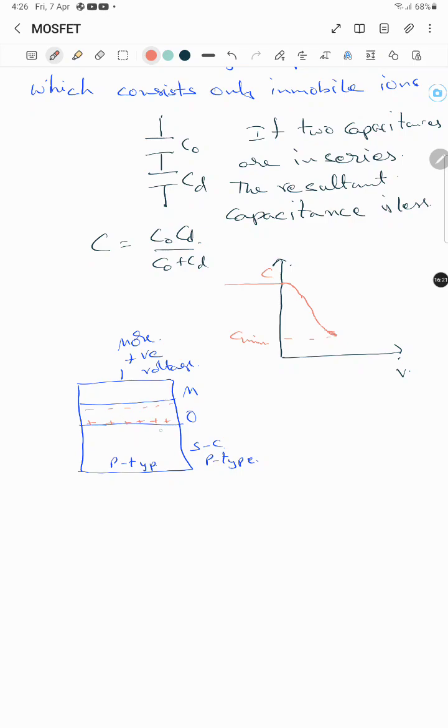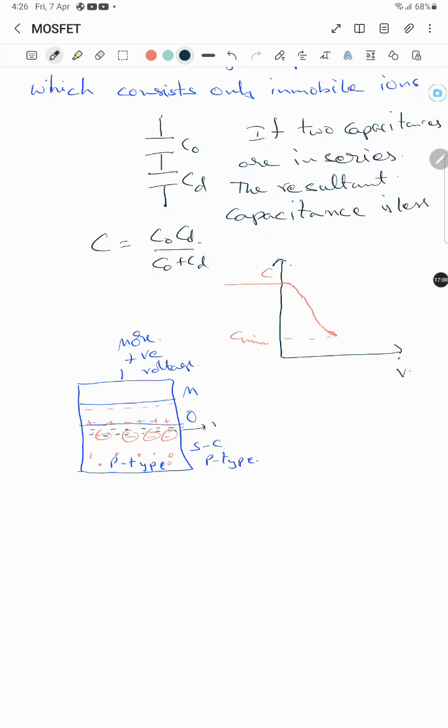It is already depleted. This region is already depleted of holes. You will have only ions here. Holes have gone back to the bulk. Now in a p-type semiconductor, we know electrons are minority carriers, and these minority electrons are now attracted by this positive voltage and come towards the interface.